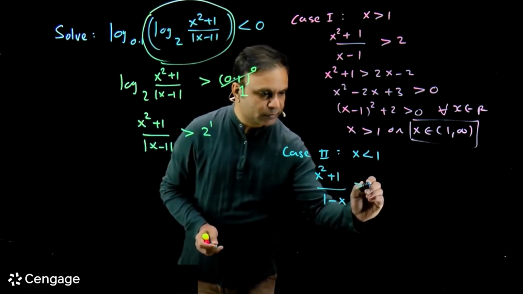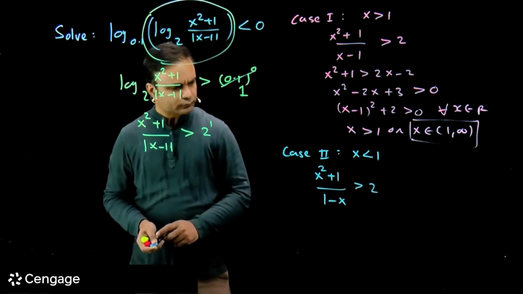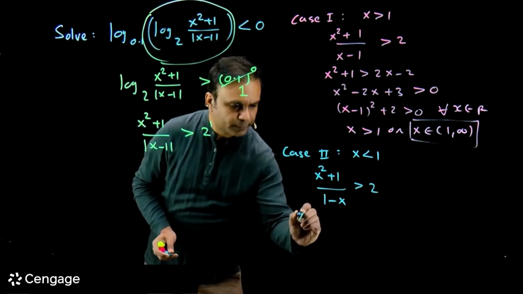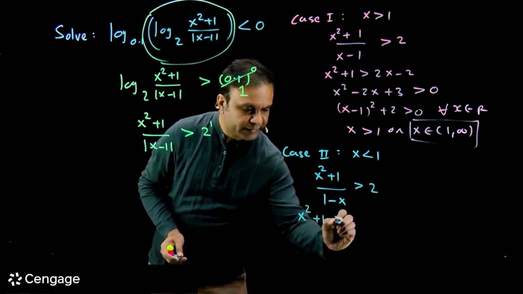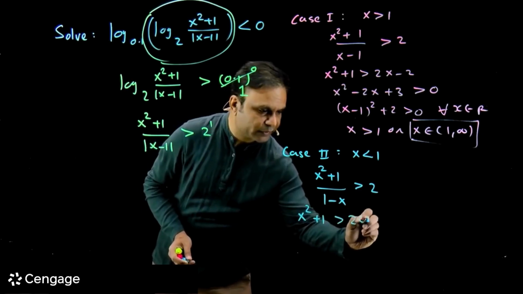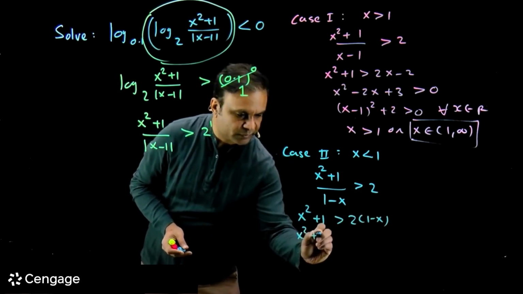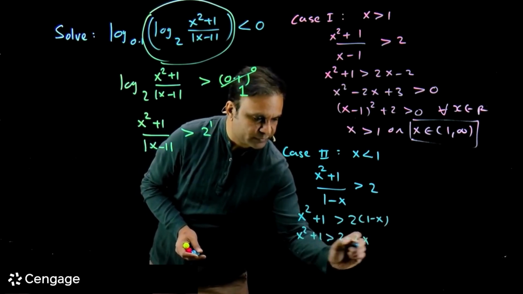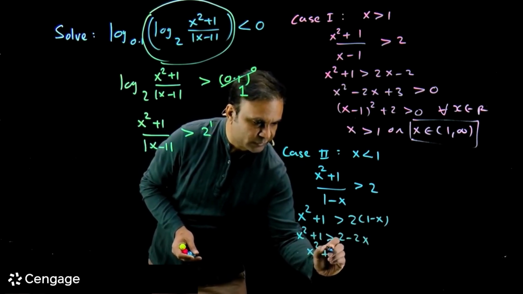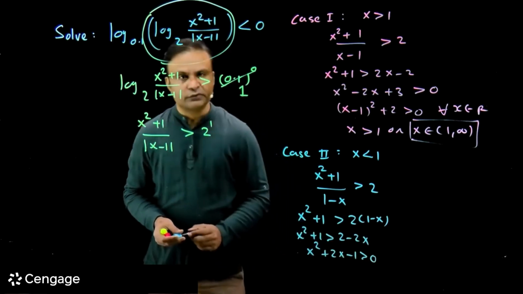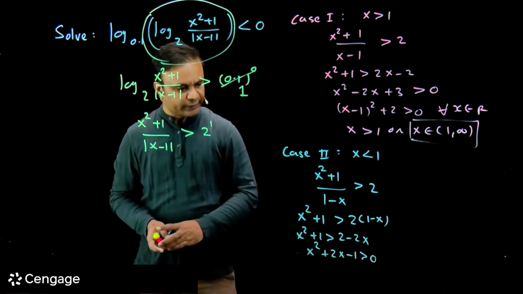This is greater than 2. 1 minus x is positive, so cross multiply with 1 minus x without changing inequality orientation. We have x square plus 1 greater than 2 minus 2x, or x square plus 2x minus 1 greater than 0.